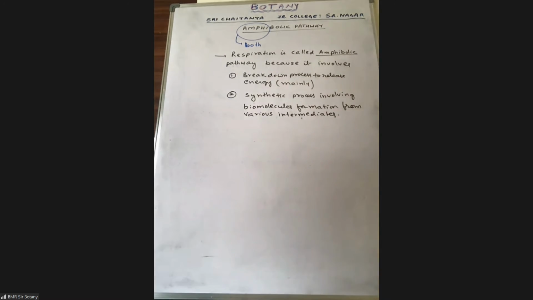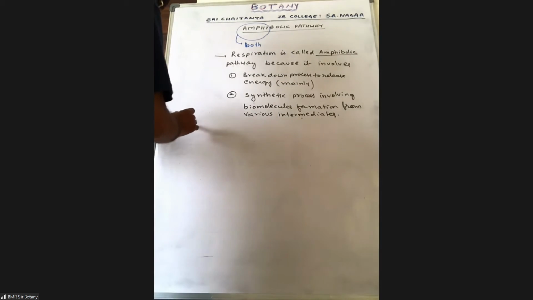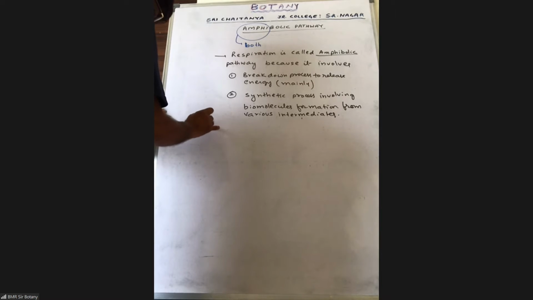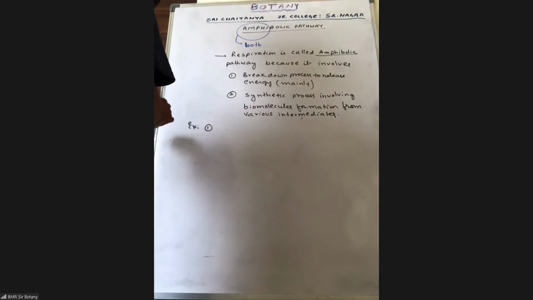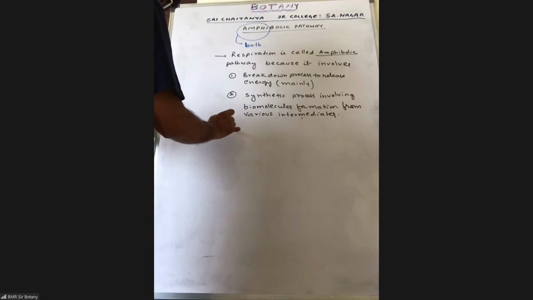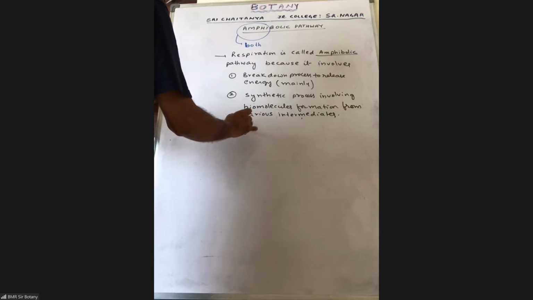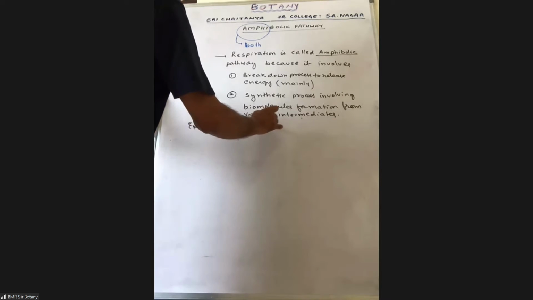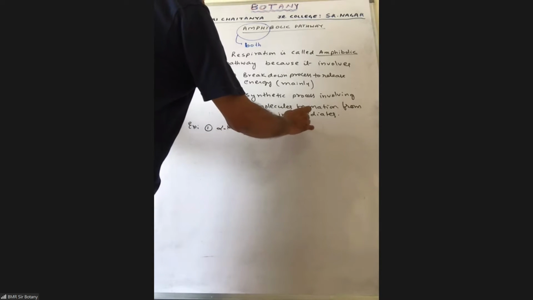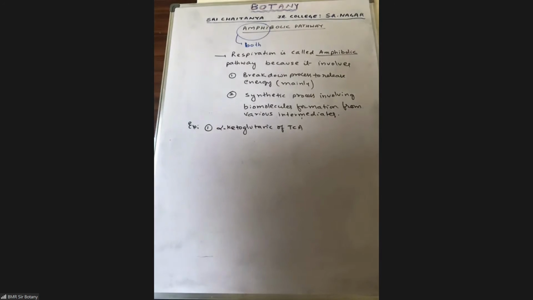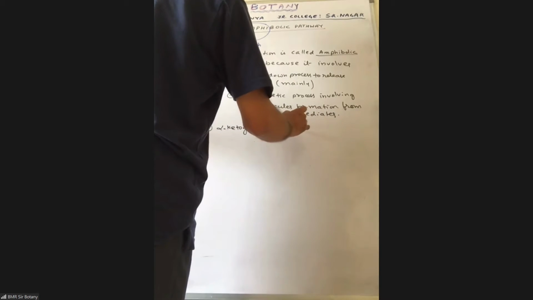Okay, that's different. Now, coming to amphibolic pathway, it is called so because it involves both breakdown process to release energy, that is mainly, and of course also synthetic process involving biomolecules formation from various intermediates. A few examples to cite. Example 1, alpha ketoglutaric acid. What is its importance? Formed during TCA cycle, alpha ketoglutaric acid of TCA cycle can be withdrawn to make glutamate and then protein.